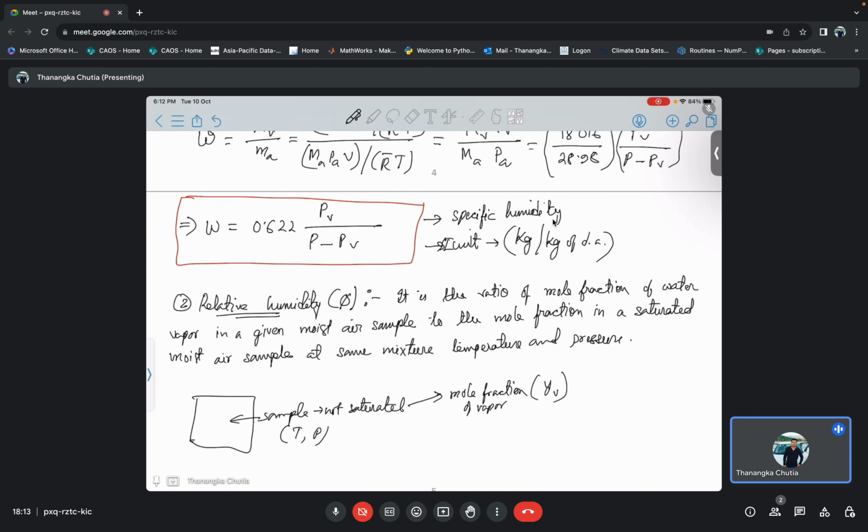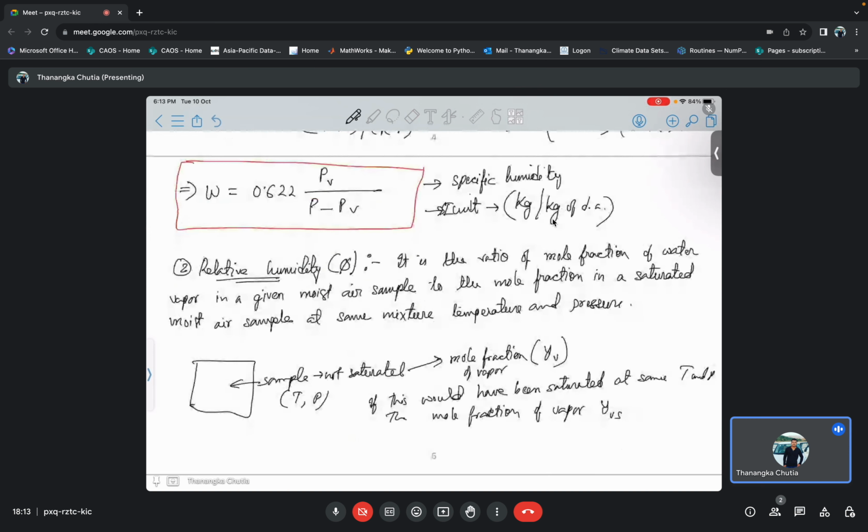Now if this would have been saturated at the same T and P, then the mole fraction of vapor would have been what? yvs.